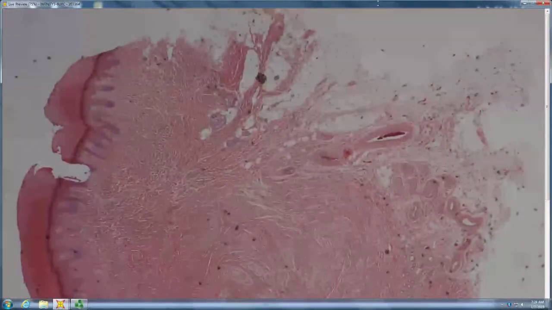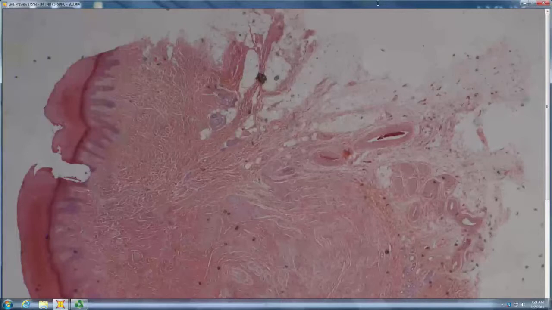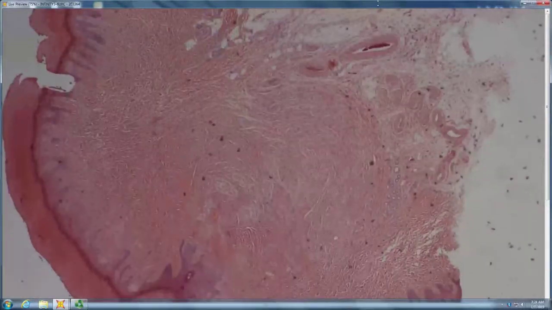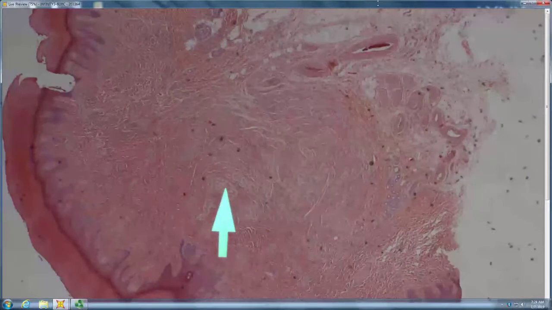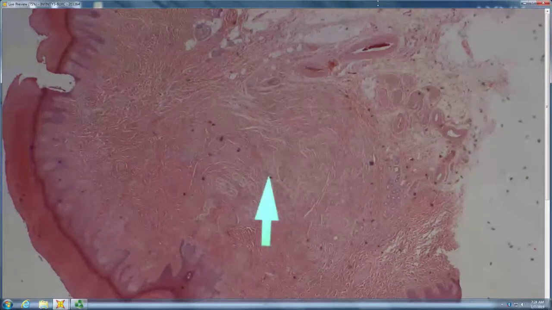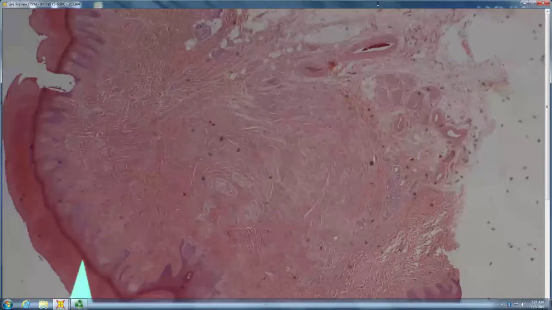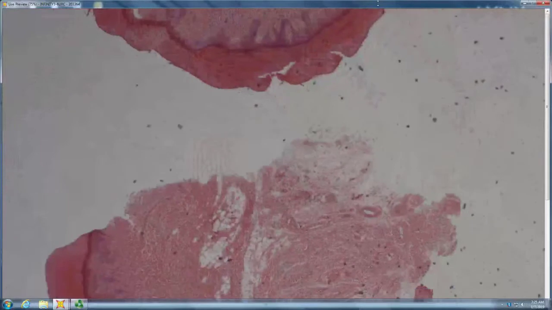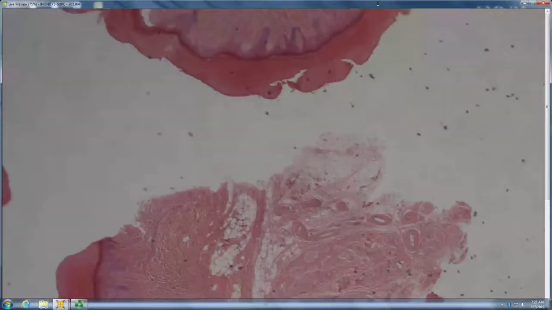Equal skin, see a dermal neural proliferation. So lots of nerve, acral skin, vertically oriented. Thoughts?